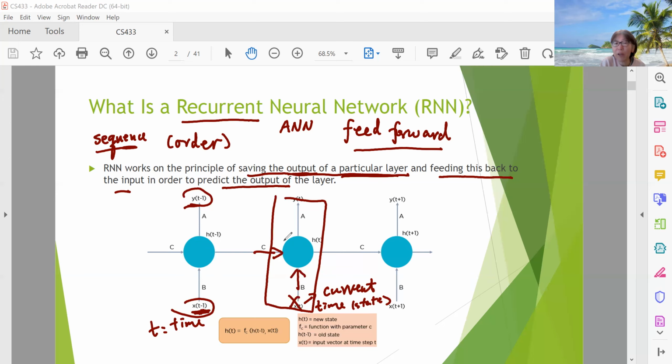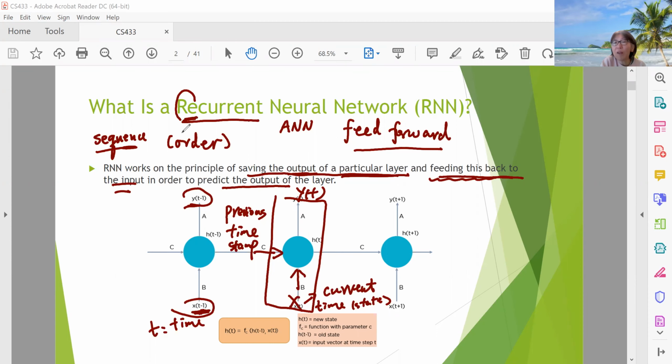So there are two parts of input for these neurons to do the training: one is the current input, the other is the previous time stamp's output. That's why it says feed this back to the input, so that we do the training and generate this time stamp's output. That's why we have the word recurrent.